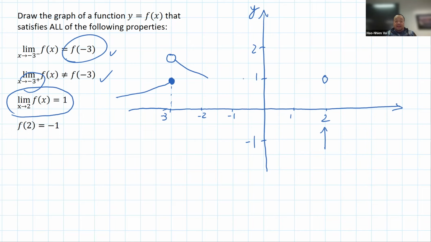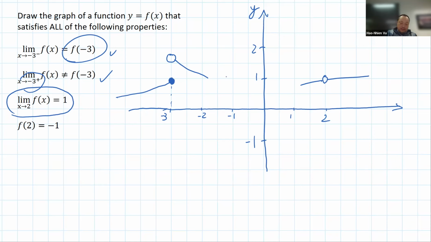For the limit to exist, it has to be the same on the right and on the left both. So just do something like that and you're fine. And then just for the sake of continuity, just connect them together. By the way, there's no requirement that says the function has to be continuous. So if you leave a gap in between, that's perfectly fine.